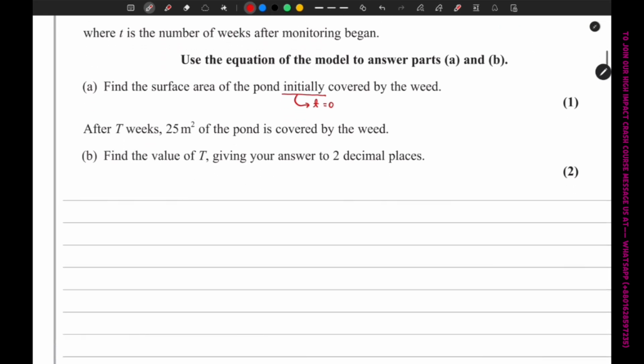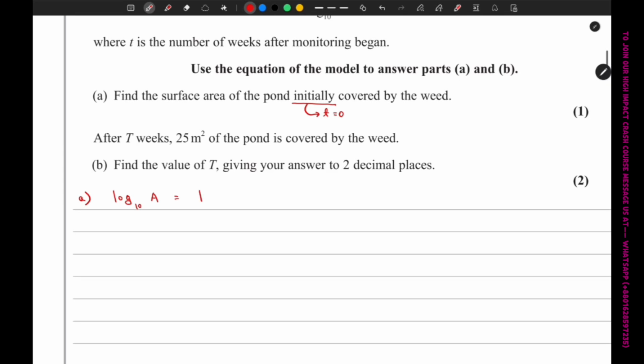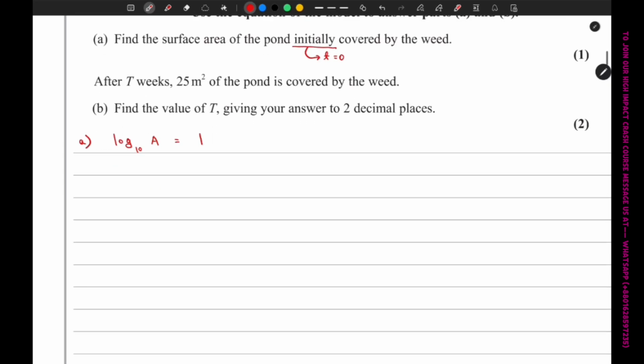So if we substitute the value of t as 0 into the equation, this gives us log10 A equals 1 plus 0, so it's basically 1. Now we know that in log, if you bring the base of the log to the right hand side of the equation, this one becomes the power and this one becomes the base of the power. So it's A equals 10 to the power 1.